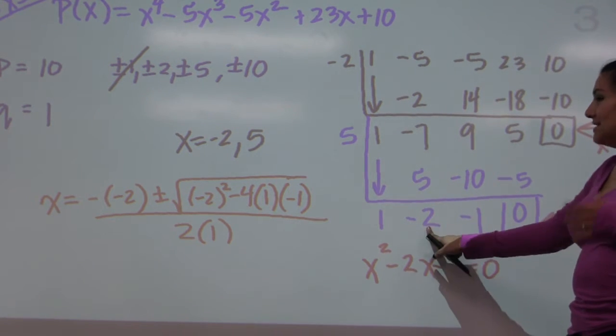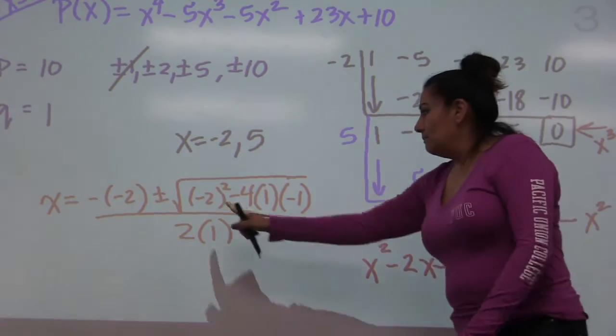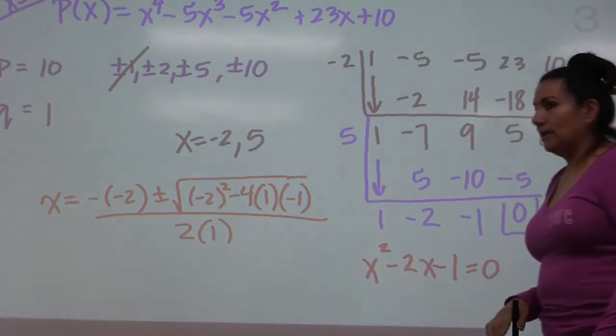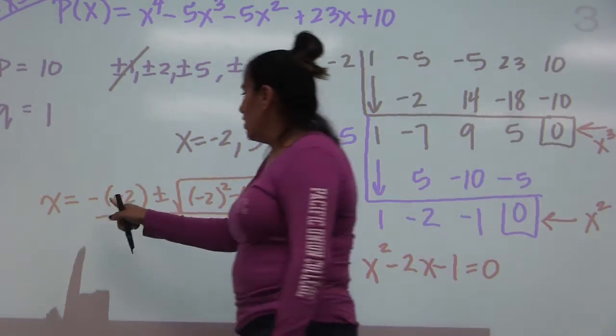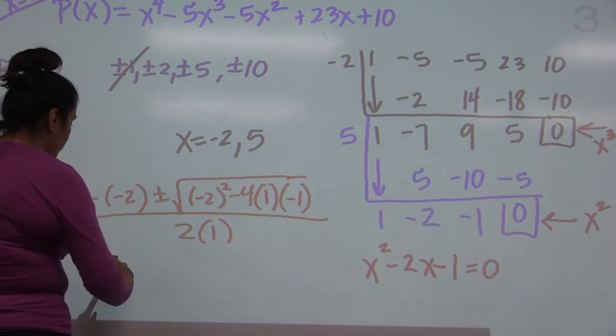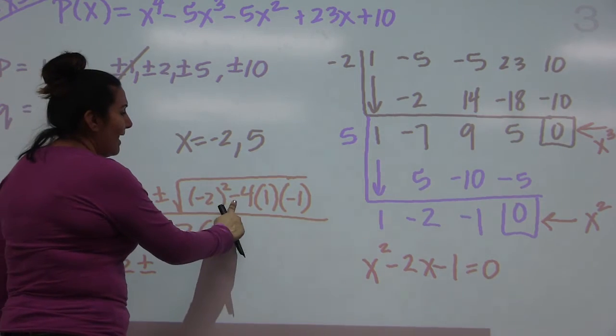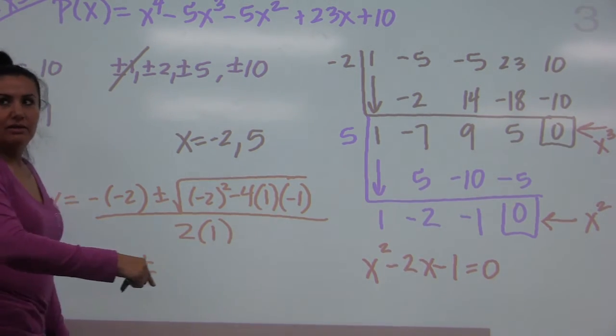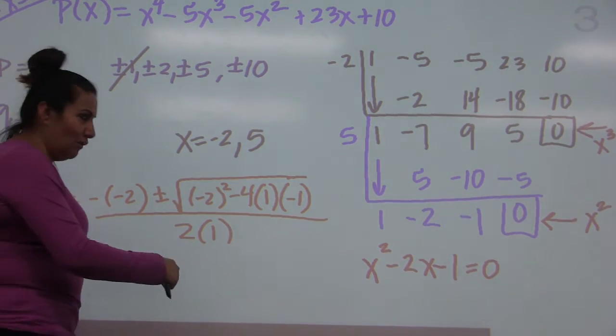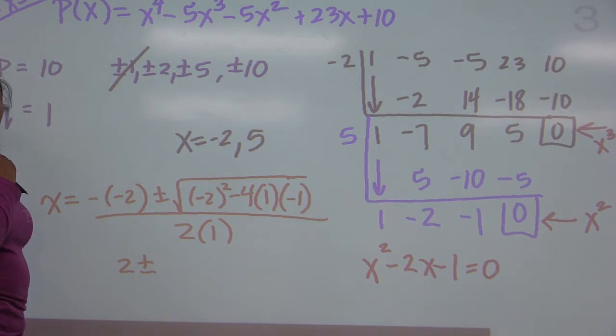So negative b is negative negative 2, b squared, ac. So here you're going to get negative, and negative is positive 2. This is 4 minus negative, plus 4. 4 plus 4 is 8.